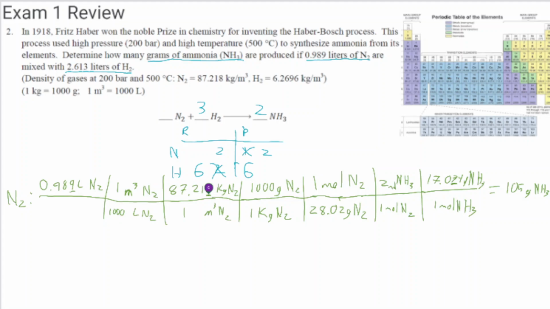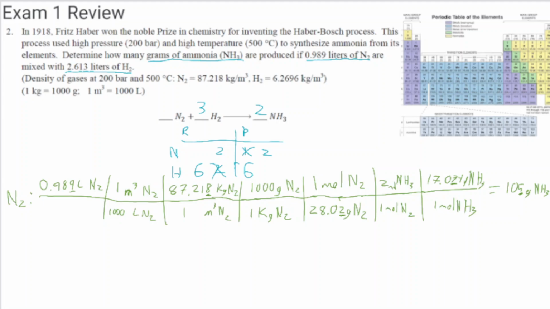For this number, we have 5 sig figs. For this number, we have 4 significant figures. And then for the last number, we have 4 significant figures. So since we have 3, 5, 4, and 4 for significant figures, we're limited to the lowest one. So that would be 3 significant figures. So that's why it's 105 grams.